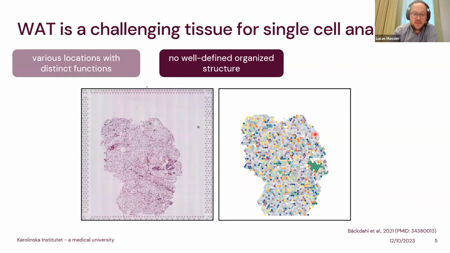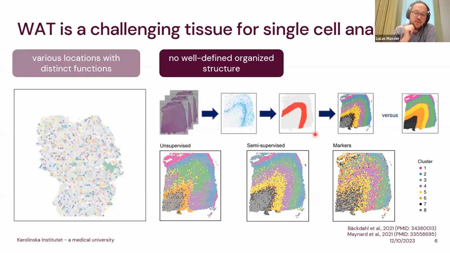This is in contrast to, for example, brain tissue, where when we use spatial transcriptomics, we can recapture quite well a ground truth that we know from histology, for example, of these layer structures. But we also see that if we would just use unsupervised clustering or just the marker genes, we will not get to the same kind of layers that we actually know of.